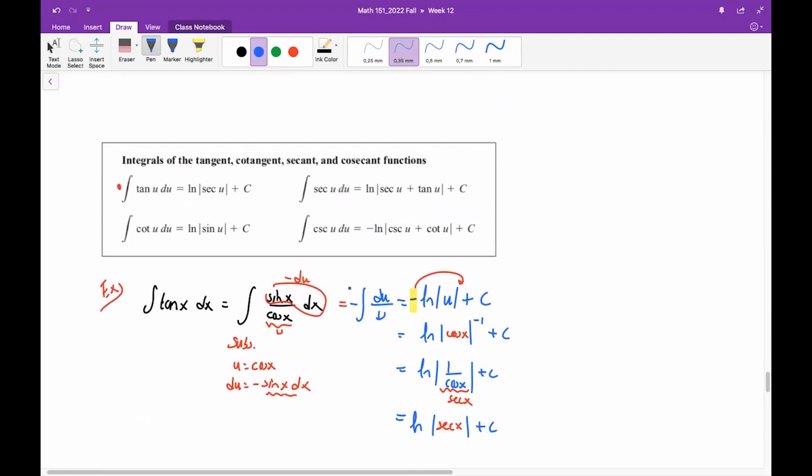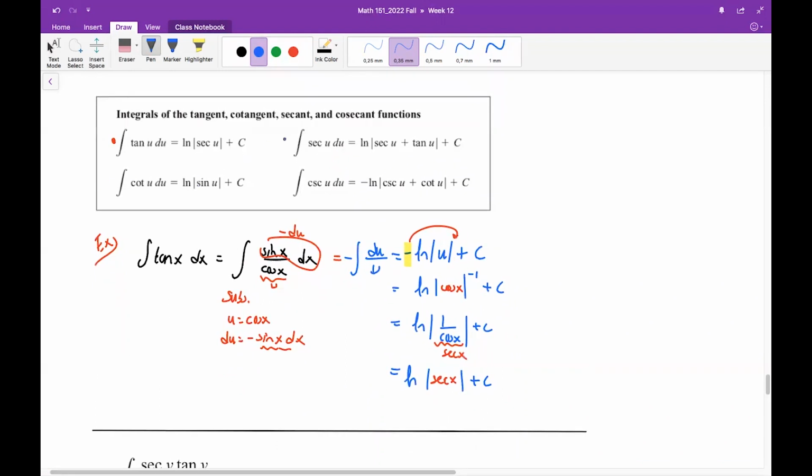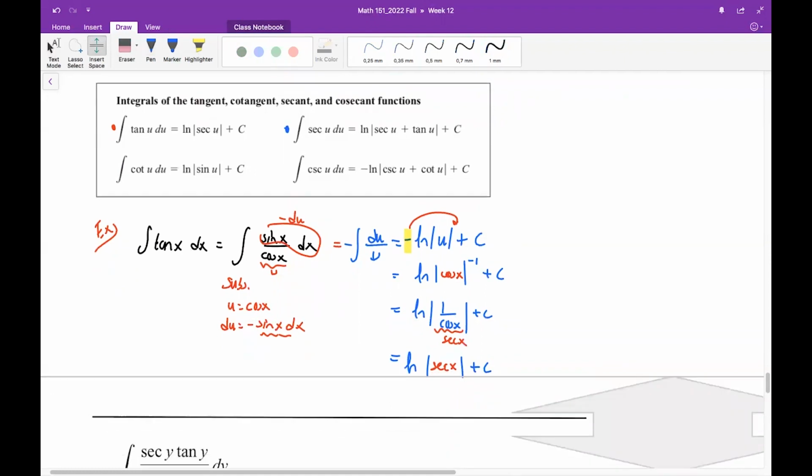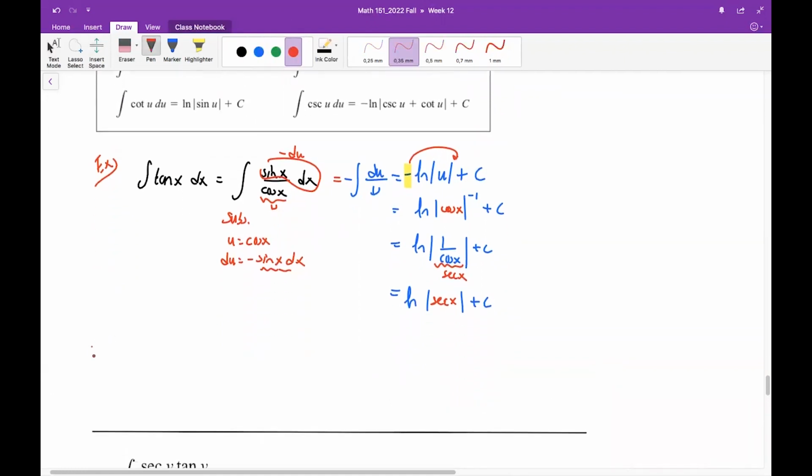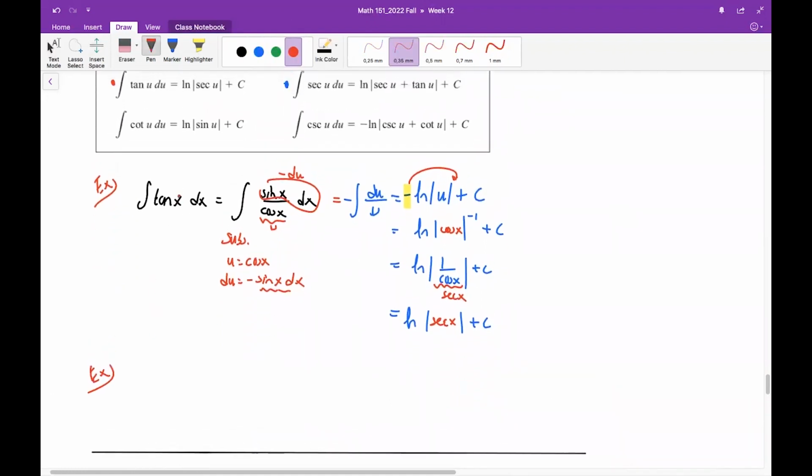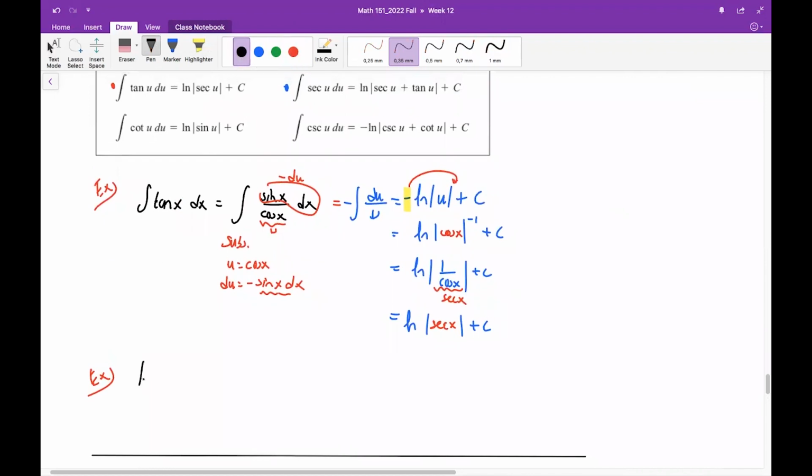It comes from the integration of 1 over u as the ln. Okay, let's look at this second rule. Let's choose it as an example. We want to integrate secant x dx, okay?